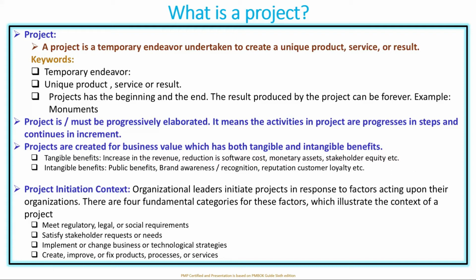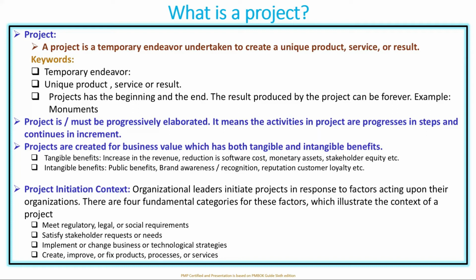Okay. So from that aspect, organizational leaders initiate projects in response to factors acting upon their organizations. There are four fundamental categories for these factors, which illustrate the context of a project. So here the definition clearly says that there is some purpose behind why the project is to be initiated, right?